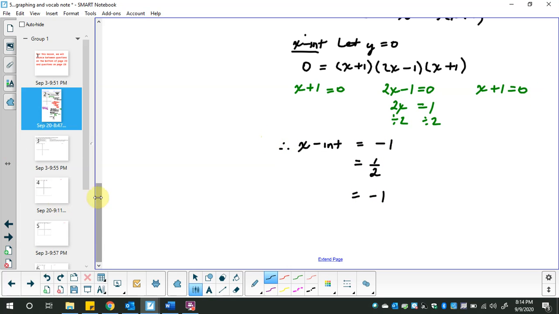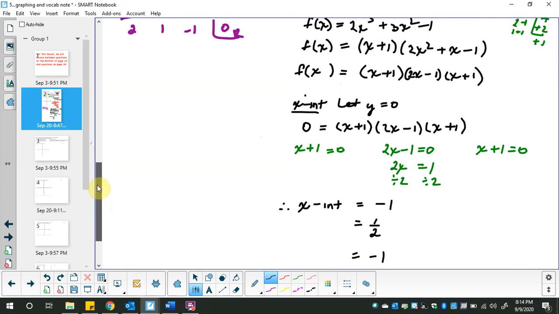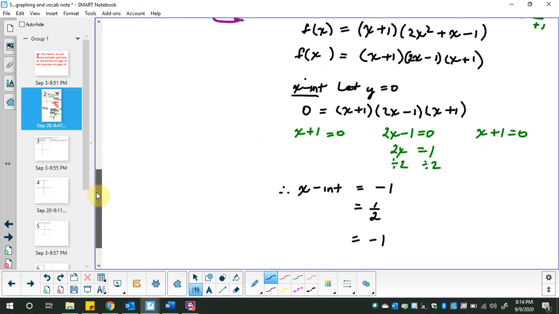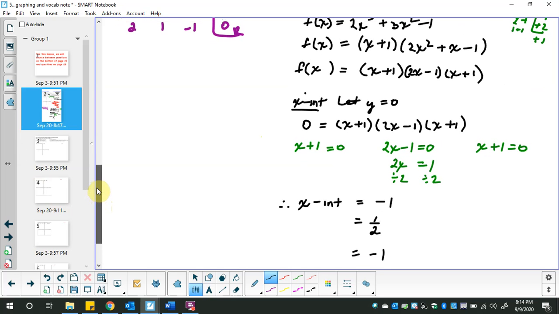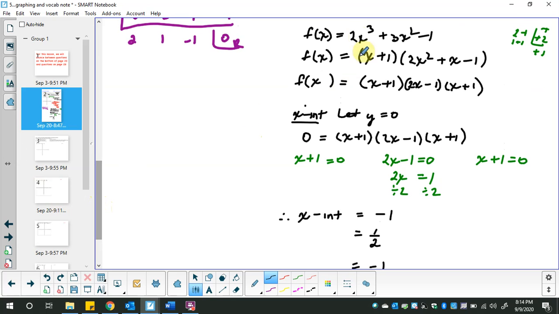Without going into too much detail about what that does for the picture, I just want you to know that whether you look at the original question or whether you look at f at x equals in your factored form, this is a degree 3 question. So a degree 3 question, you can tell here in the polynomial standard form, because the highest power is a 3.